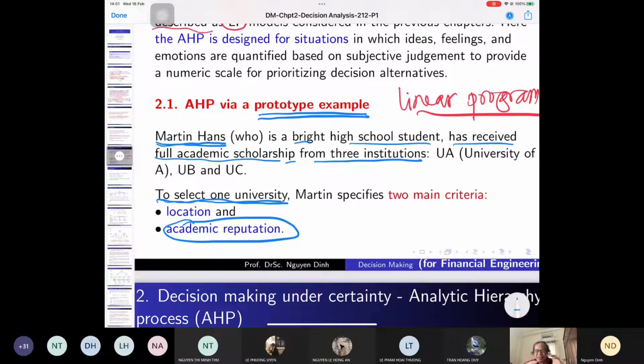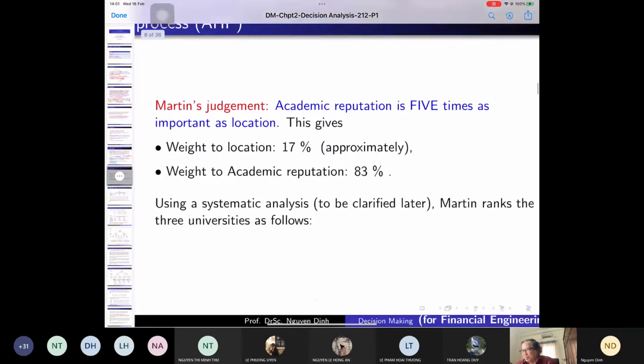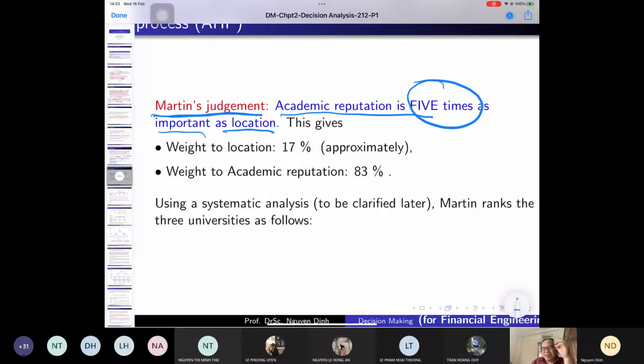For example, out of 10, academic reputation is 8 points and location 2 points, or something like this. So in that case, Martin judges like this: academic reputation is 5 times as important as location. Suppose the sum is 6. Location is just 1, and the other is 5 times bigger.